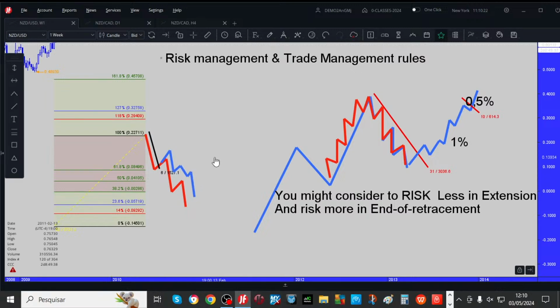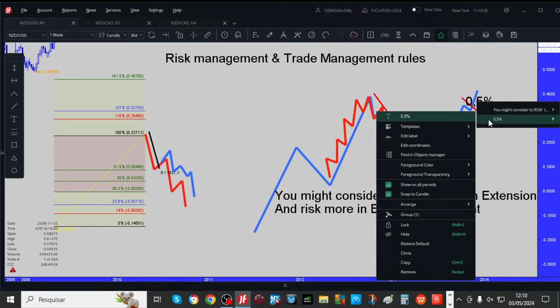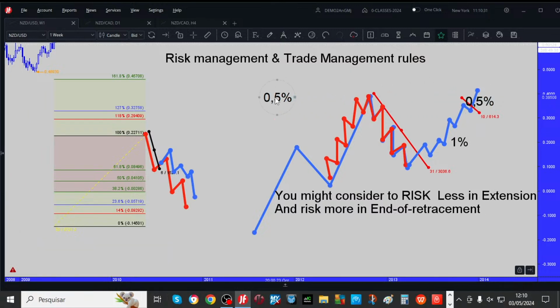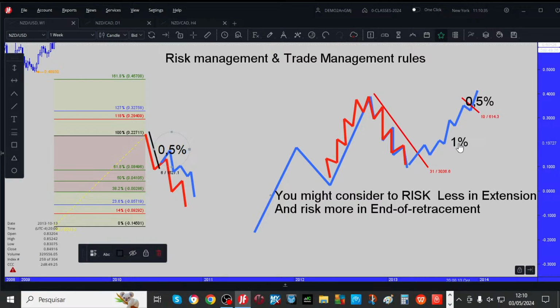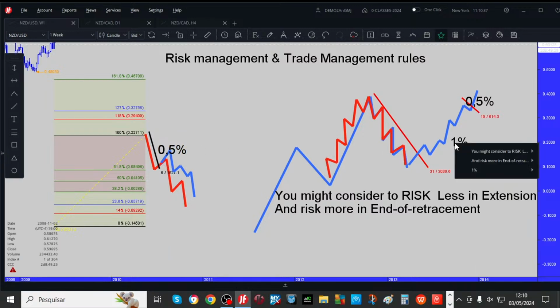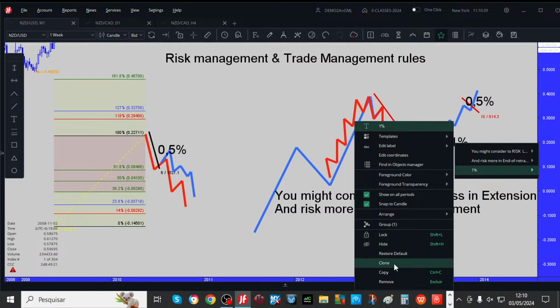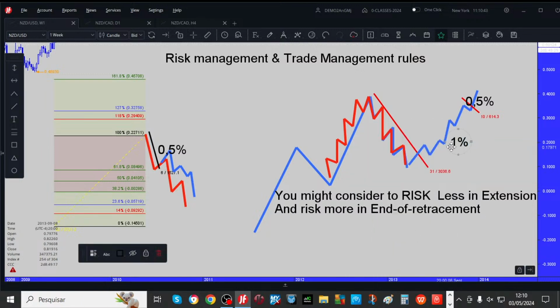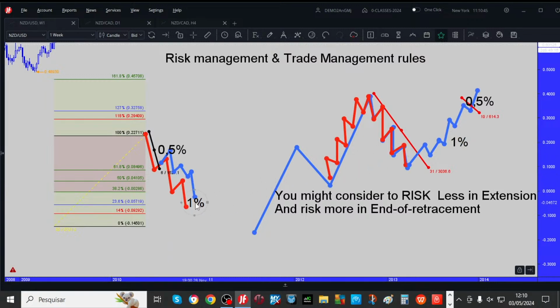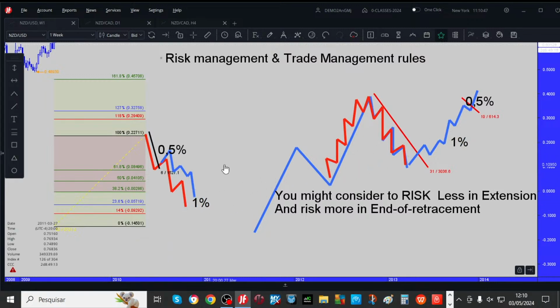Just an example, you might consider risking 0.5% up in here, and you might consider risking 1% down in here. Does this make sense, everybody?